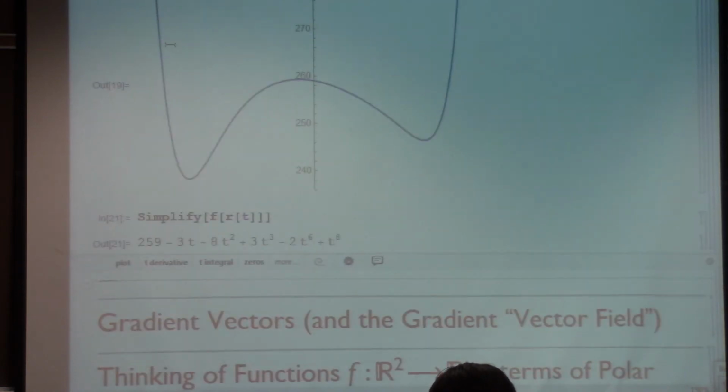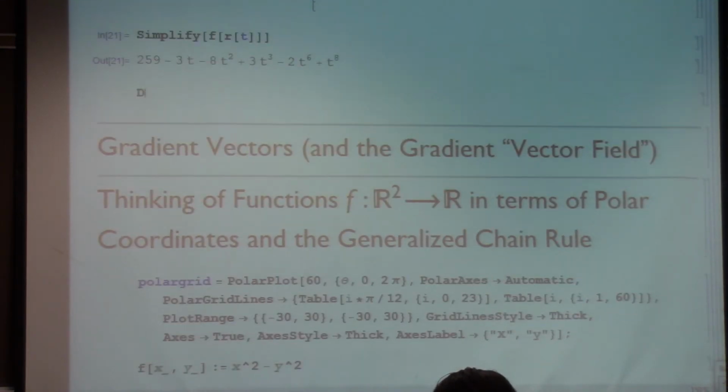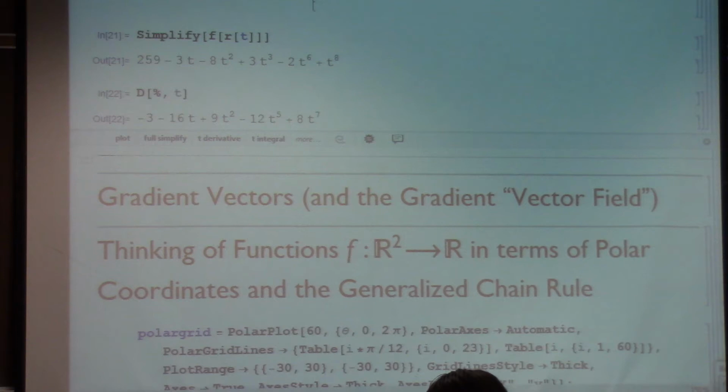That's the function whose graph looks like this. It's an 8th degree polynomial. What's its derivative? Capital D does the derivative. If I use a percent sign, that's referring to the previous output. Comma D, T differentiates it with respect to T. There we go, there's the derivative.